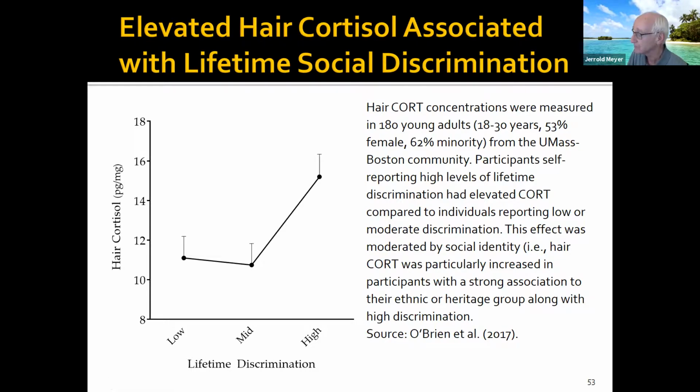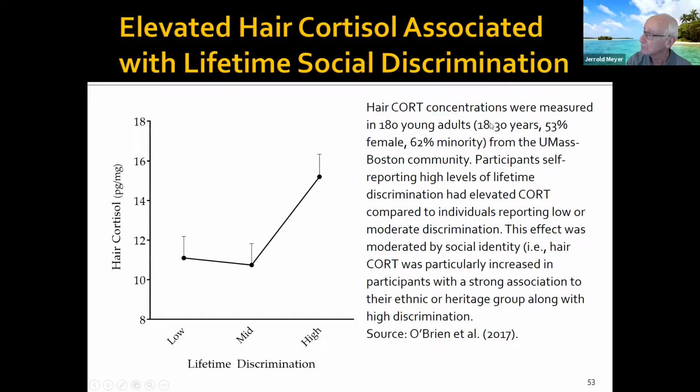This is a study we did, published a few years ago with collaborators at UMass Boston. And as you can see, the UMass Boston folks sampled 180 young adults from the UMass Boston community.